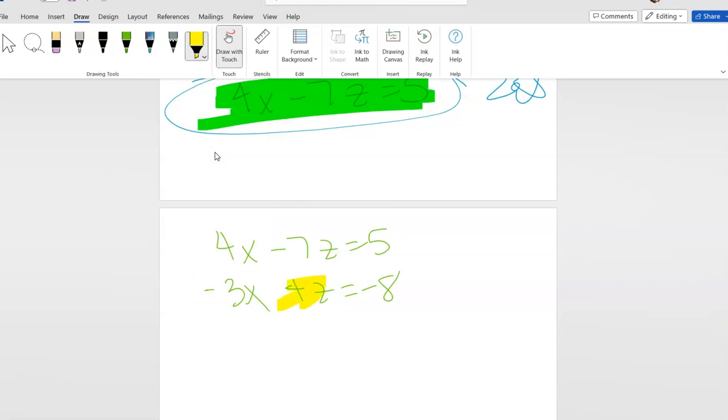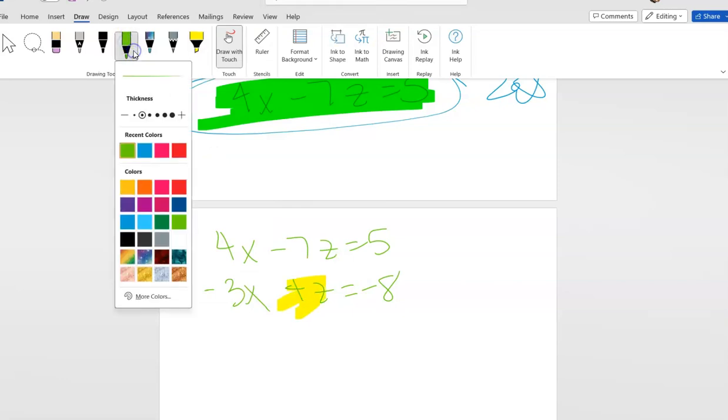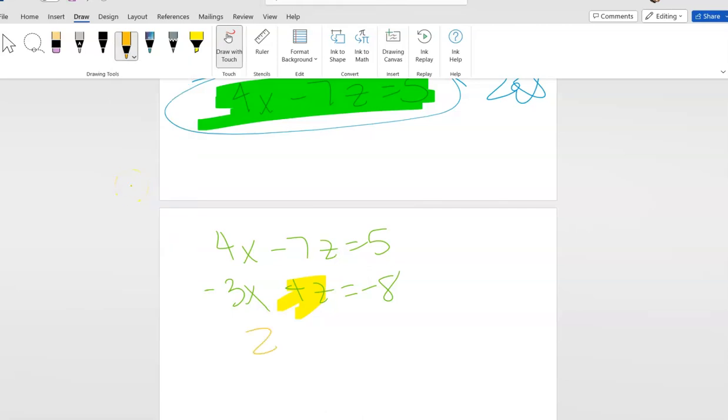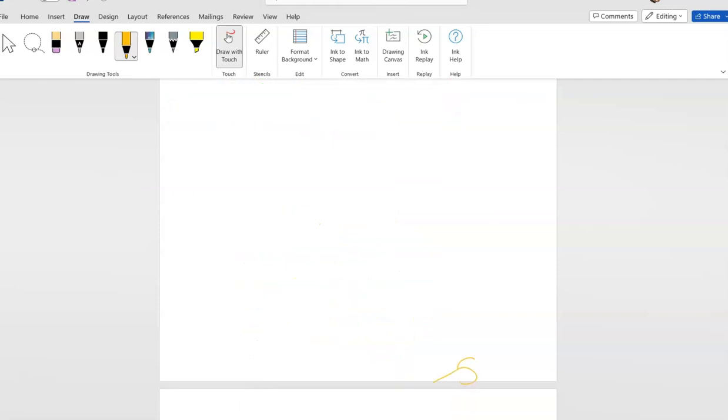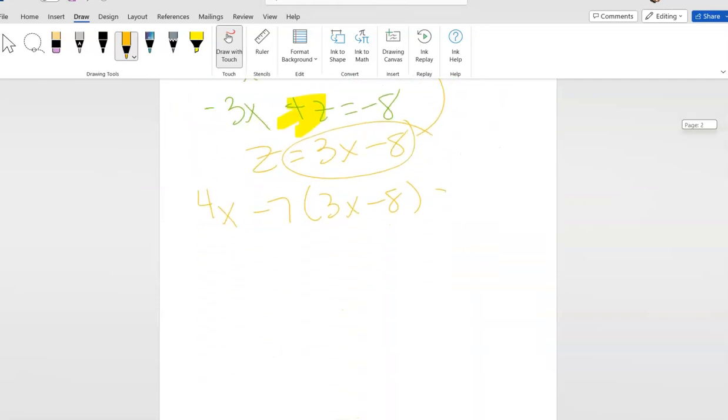Either one will work because I can see this can be really easily solved for z. So I'm going to rewrite this. z equals 3x minus 8. So I'm going to take this, plug this in for z. 4x minus 7 times (3x minus 8) equals 5.